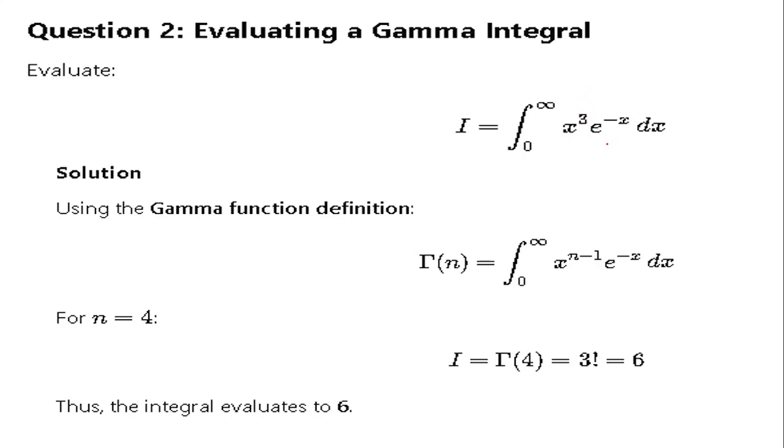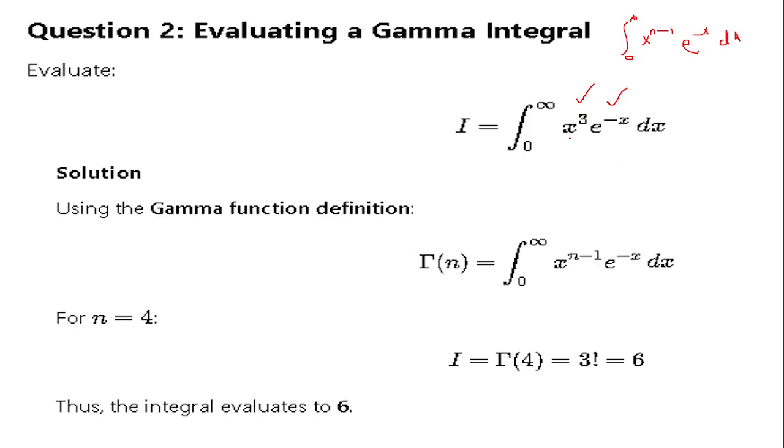This is gamma. The formula is the integral from 0 to infinity of x^(n-1) e^(-x) dx.